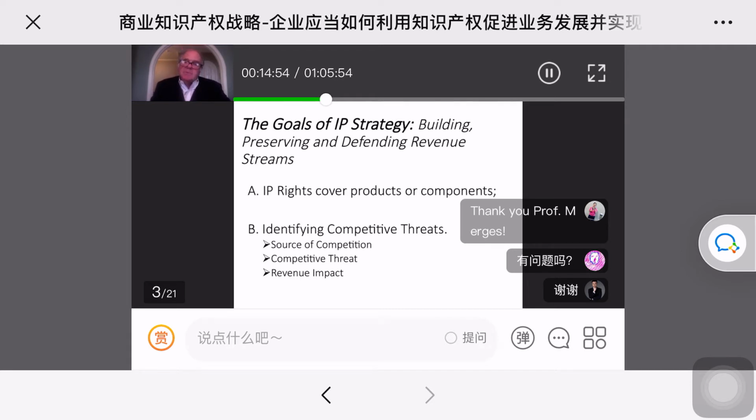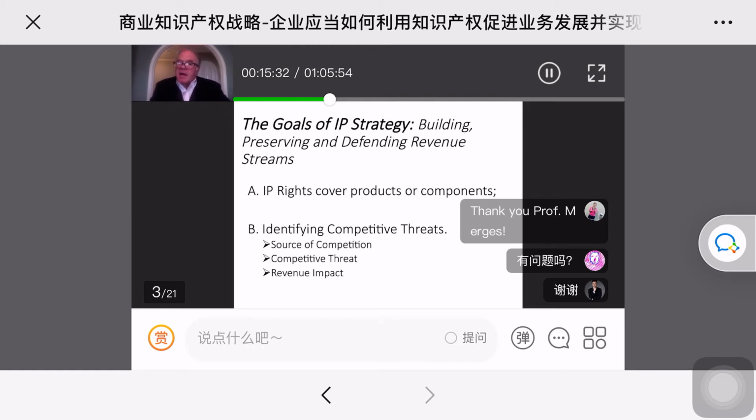When we think about protecting revenue streams, and how intellectual property rights can help with that, it really involves identifying competitive threats: companies or products that might begin to cut into or reduce your existing revenue stream.